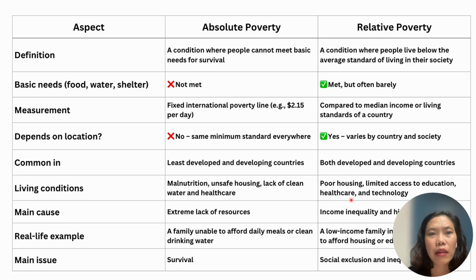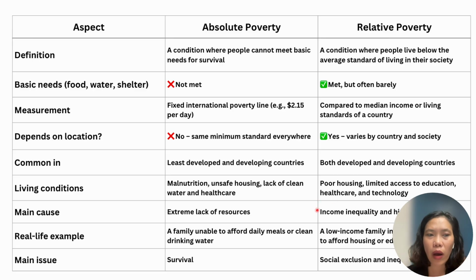But in relative poverty, you can see poor housing and limited access to education, but they still have access to education, just limited, as well as healthcare and technology.